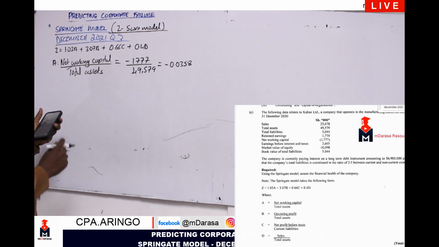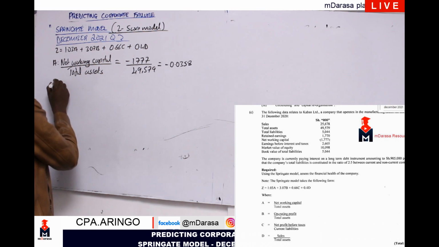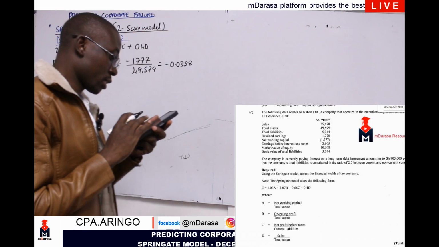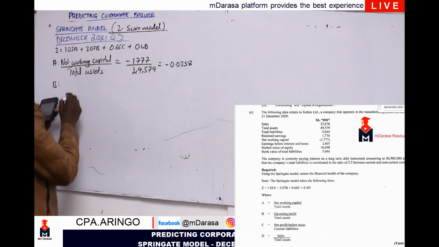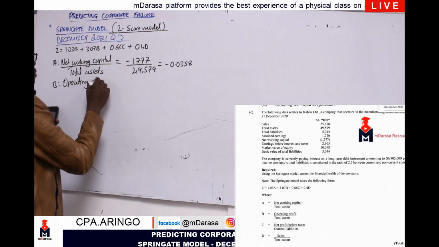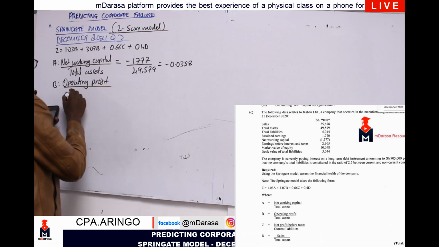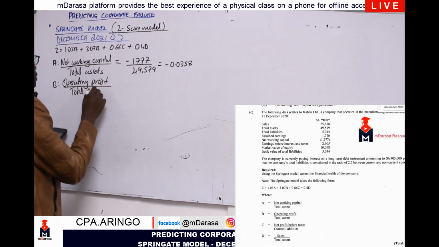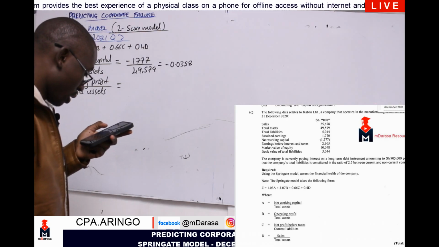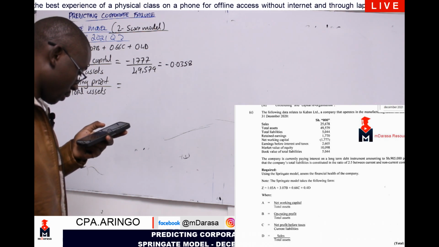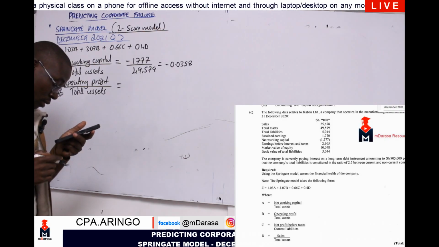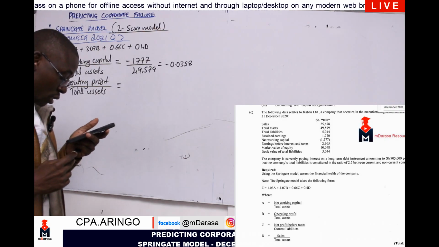Talk about B. Our B, the good examiner here has told us that B will be equal to operating profit divided by total assets. Again, copy pasting. Operating profit in our question, I was told that my earnings before interest and taxes we were given to be 2605 there.